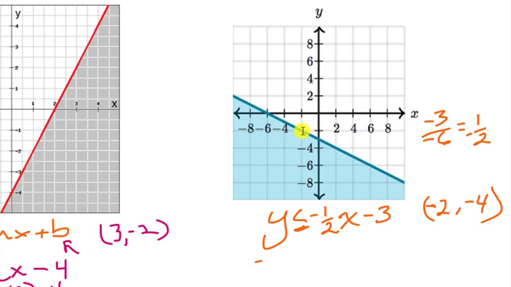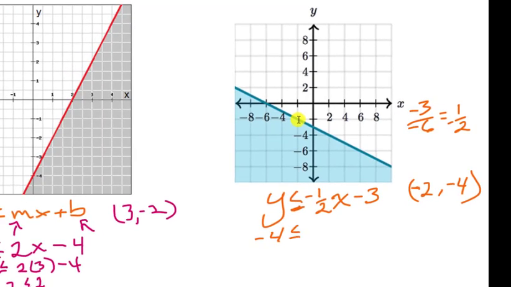We have -4 less than or equal to -1/2 times -2 minus 3. So -1/2 times -2 will give me a +1 minus 3. 1 minus 3 equals -2.